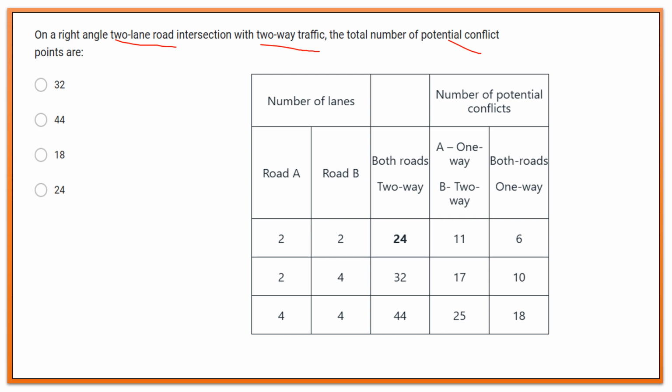In the question, two-lane road means the road is two-lane and traffic is two-way. So for this particular question, the potential conflicts are 24. So the last option is correct here.